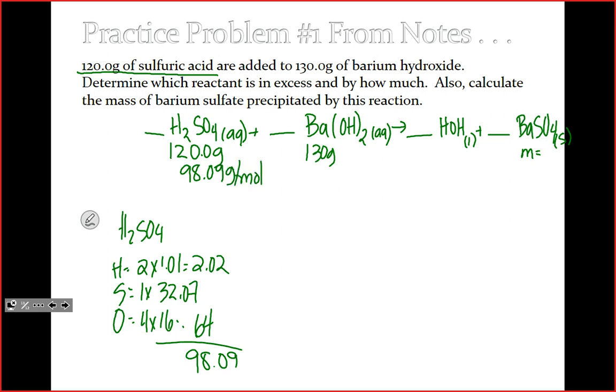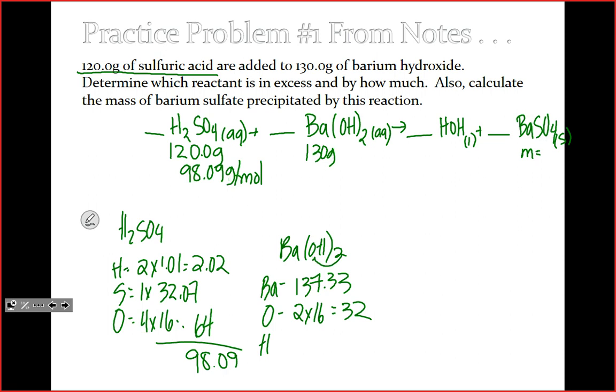Now let's do it for barium hydroxide. Okay, so barium has a molar mass of 137.33. Oxygen is 2 times 16, which is 32. And hydrogen, because this 2 goes to here and to here, is 2 times 1.01, which is 2.02.